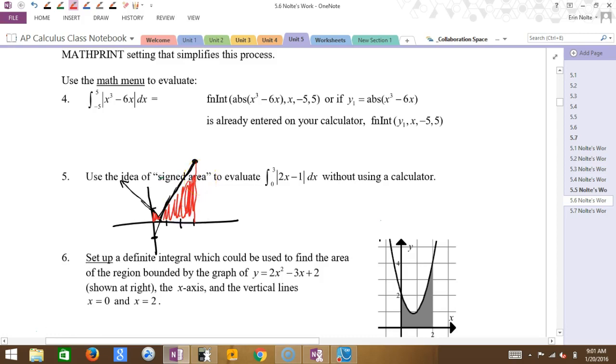Two triangles. In order to do this signed area, I need to know how to find the area of a triangle. How do you find the area of a triangle? 1/2 base times height. Let's start with the little tiny triangle.